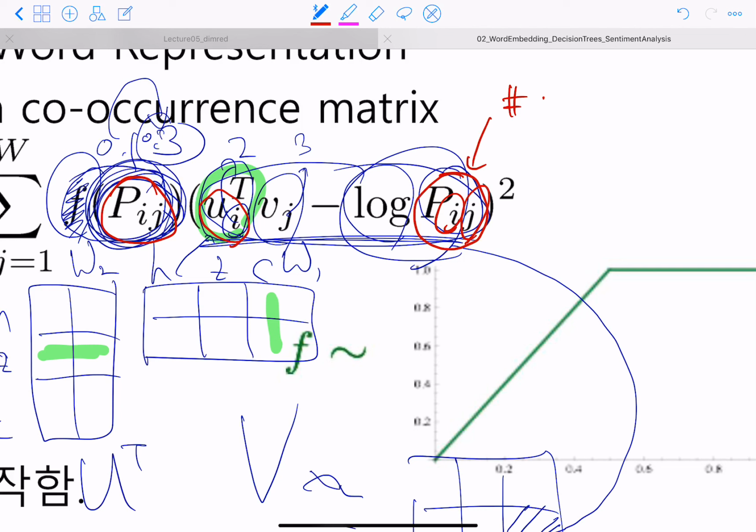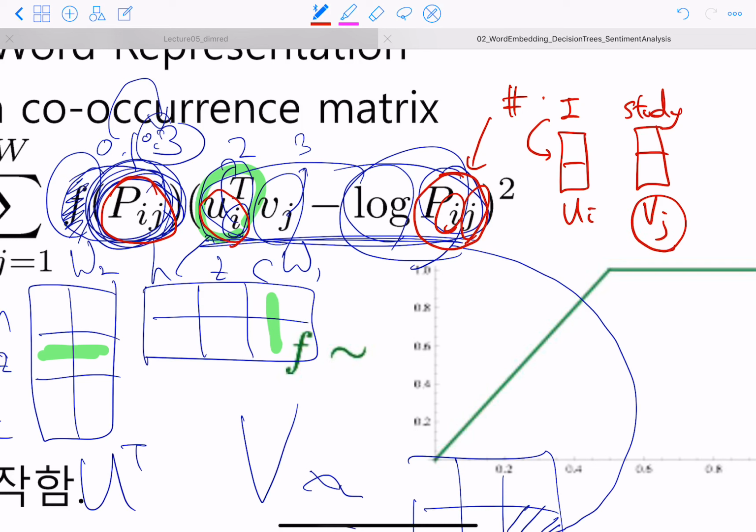If we have a two-dimensional representation, meaning the target dimension is 2, then i is represented as a two-dimensional vector, and study is represented as a two-dimensional vector. This is u_i, and this is v_j. But let's just make them equal to each other.